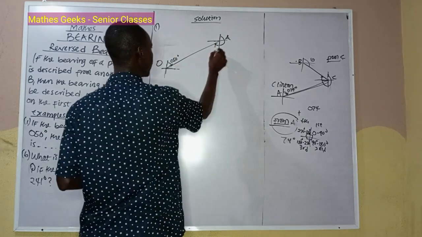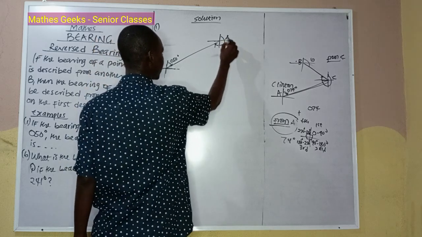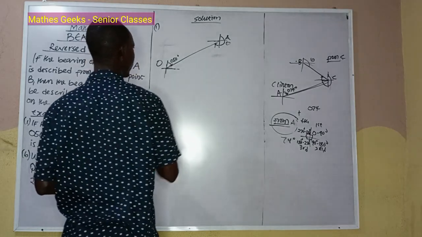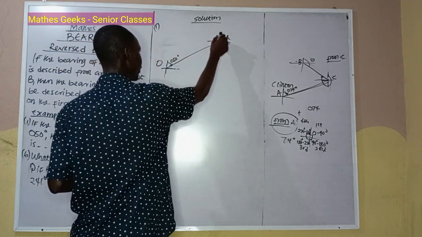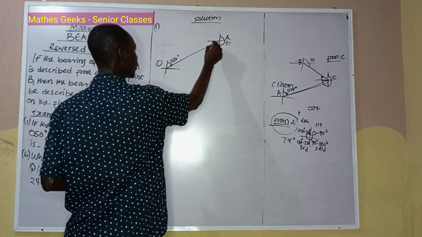Let's call this one theta. So this is 180 degrees. How we go about this is that we can observe that here 50 degrees is alternate to this part. So by alternate angles, this part is also 50 degrees.